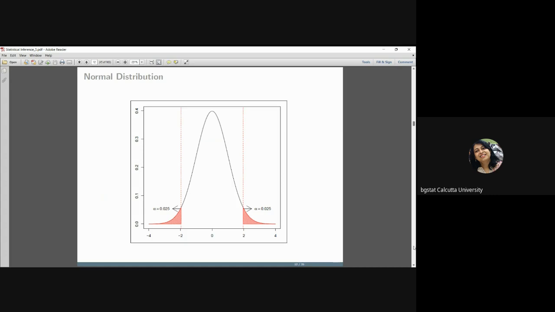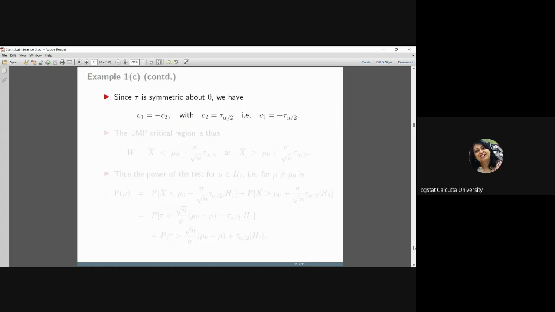So if we want an overall level of significance of 5%, we should use a 2.5% probability in either tail. So by symmetry, my C1 is equal to minus C2, and the tau alpha in the previous examples will now be replaced by tau of alpha by 2.